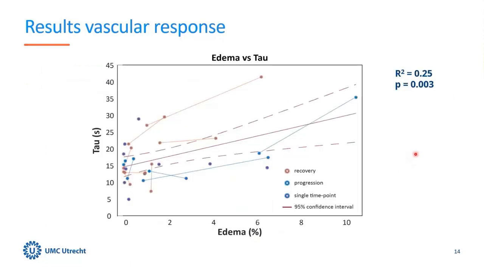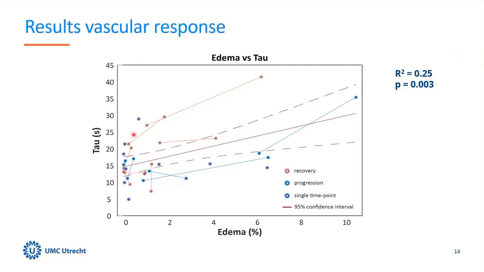When we compared the tau, which should represent the vascular response, to the amount of edema, we saw a positive correlation between tau and edema. Every dot represents a data set, so it could be data from the post or the prior radiotherapy scan. If there's a line between 2 dots, it means that data comes from the same patient, prior and post radiotherapy.